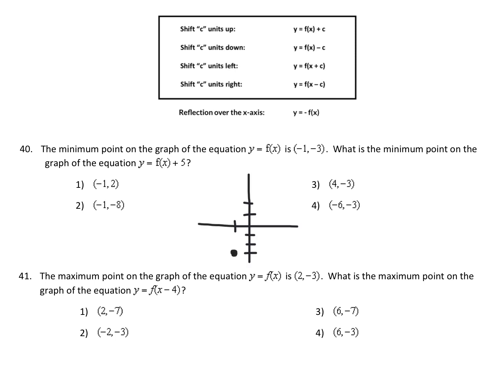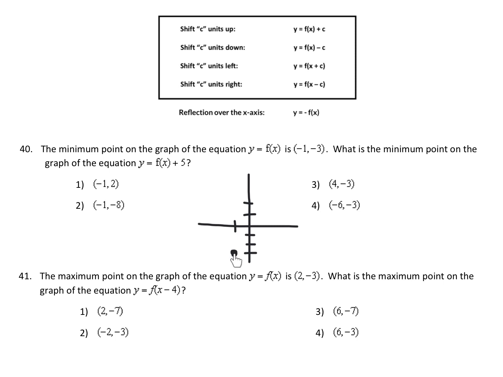Okay, number 40 says the minimum point on the graph of the equation y equals f of x is (-1, -3). So I plotted a point right here at (-1, -3). It asks what is the minimum point on the graph of the equation y equals f of x plus 5. Remember, if you're adding a number to the end of the function, we take that graph and move it up 5 units.